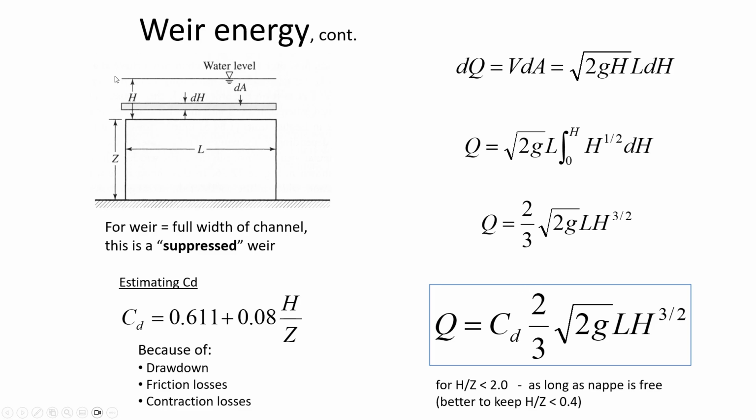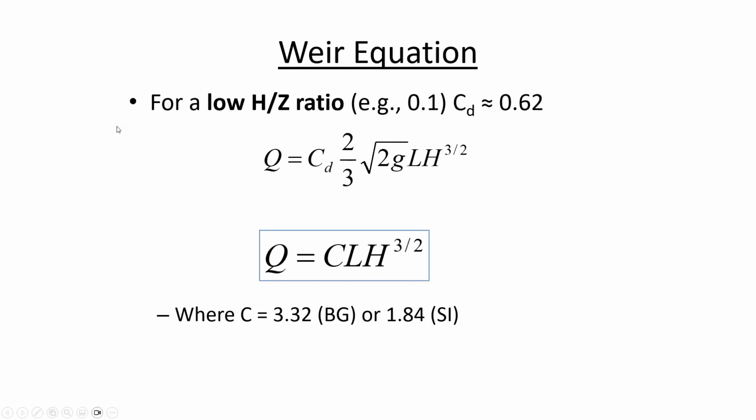Ordinarily, as long as the height Z, the height of the weir itself, is significantly more than H, then we can just assume that the C sub D is about 0.62 if the height of the water is small relative to the weir height.